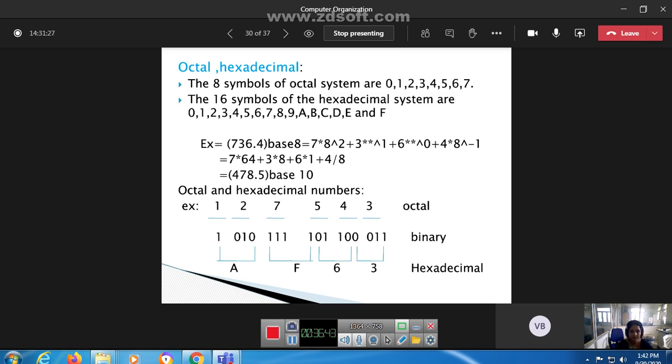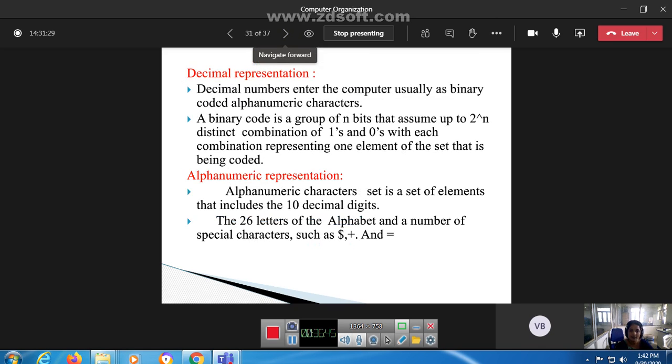Okay. Next, data representation. Next coming to decimal representation. All input decimal numbers are converted to binary numbers. The computer performs all arithmetic operations in binary and then converts the binary result back to decimal. Decimal numbers enter the computer usually as binary coded alphanumerical characters.